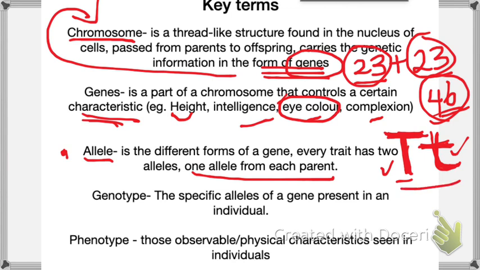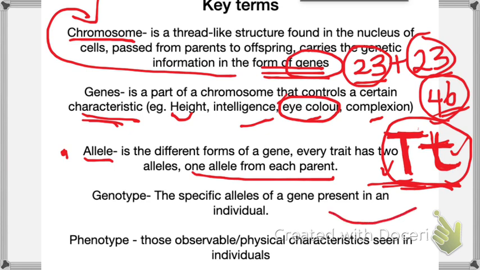So an individual always would have two sets of an allele for a specific characteristic. For example, height, because they're getting genes from both mother and father that contribute to the single characteristic of height. Your genotype now is the specific alleles of a gene present in an individual.